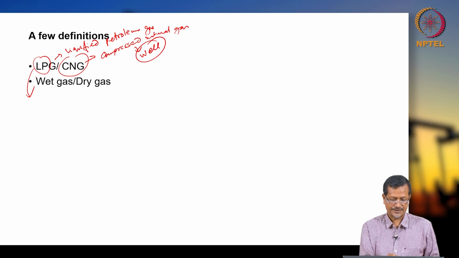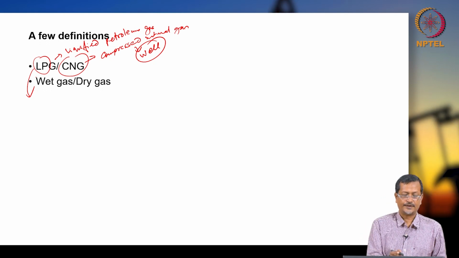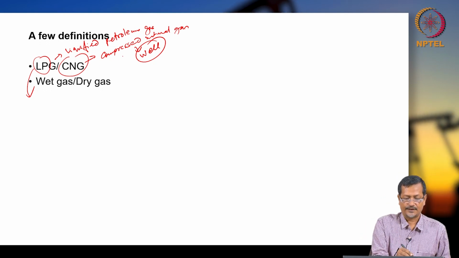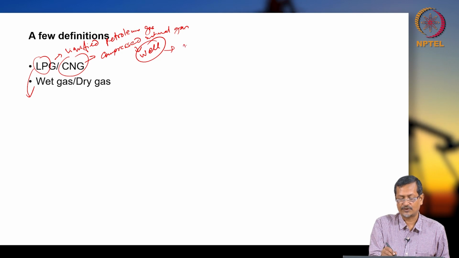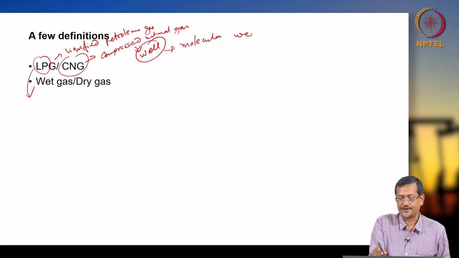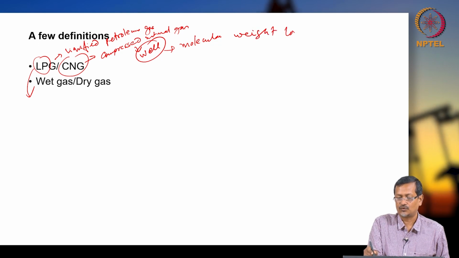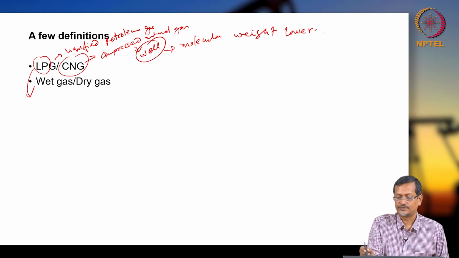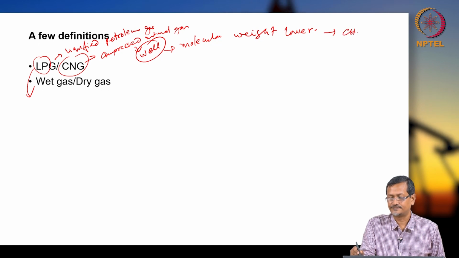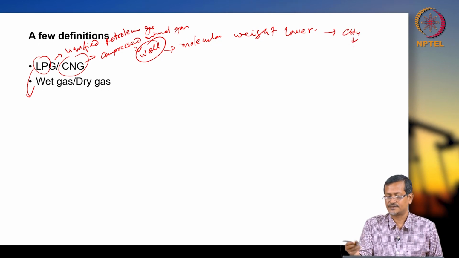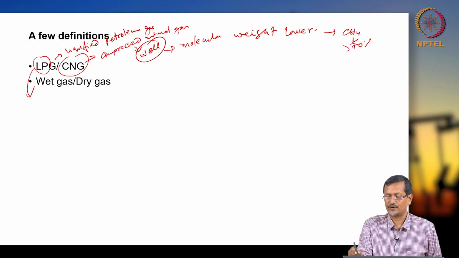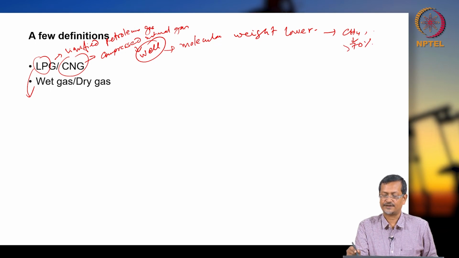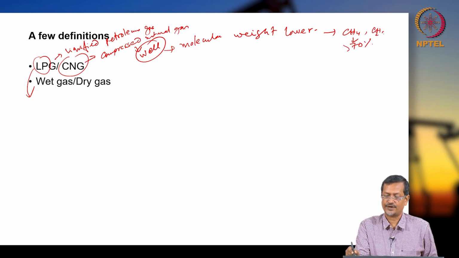So CNG is compressed natural gas with lower molecular weight. Basically methane, normally 70% or more methane, then a methane and ethane mixture, C2H6.